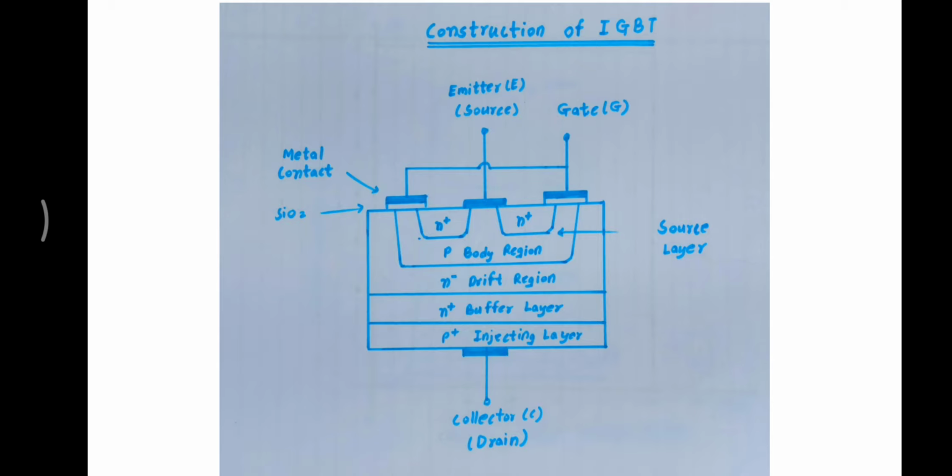The main difference between the structure of MOSFET and IGBT is the existence of the P plus junction layer, which forms the collector of the IGBT. The IGBT structure contains a PNPN thyristor structure between the collector and emitter terminals.